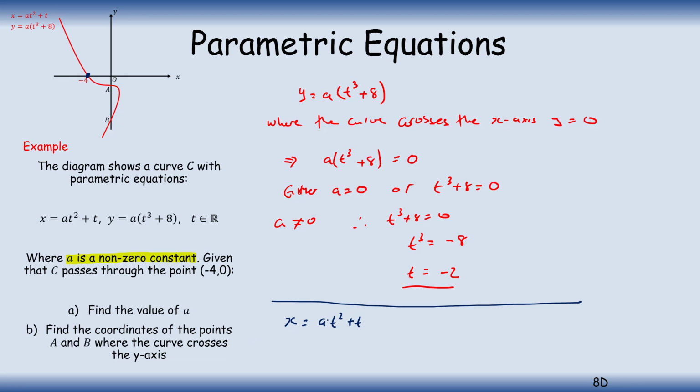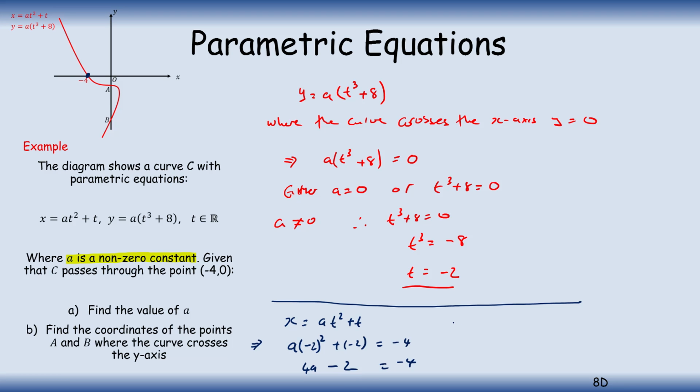And I know what t is now, so I can find a. That implies that a times minus 2 squared plus minus 2 is equal to minus 4. So that'll be 4a minus 2 is equal to minus 4.